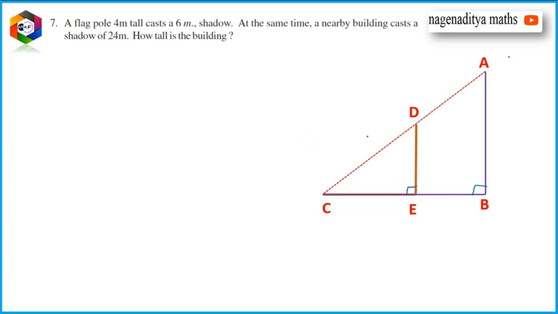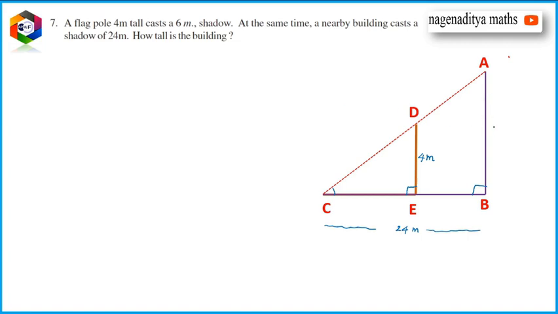So this is also 90 degrees, and this angle is a common angle for both the triangles, and the height of the flag is 4 meters, and the shadow of the building from this place to this one, this is 24 meters. And what we have to find is the height of the building.